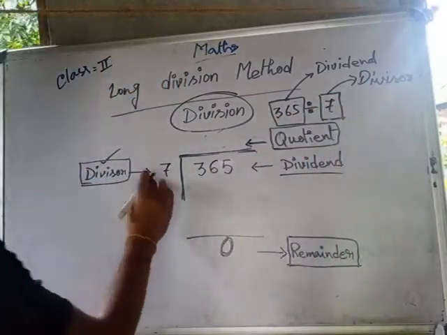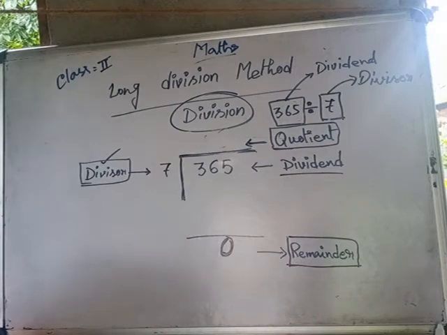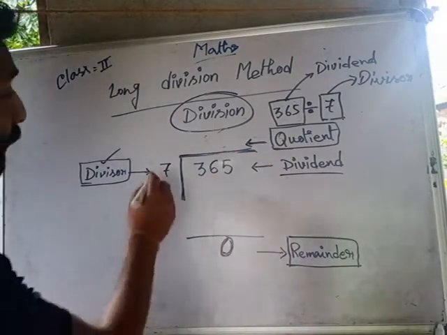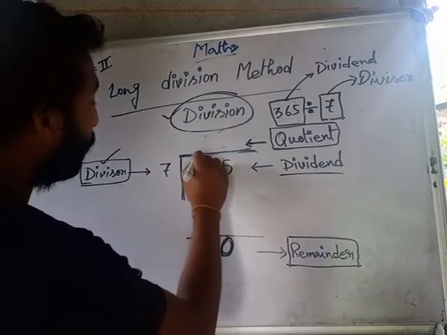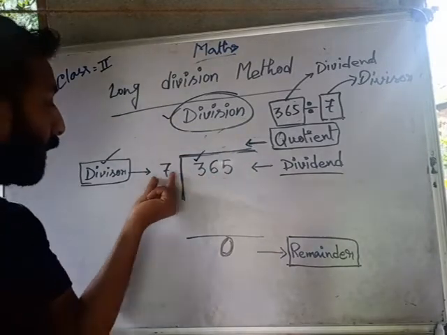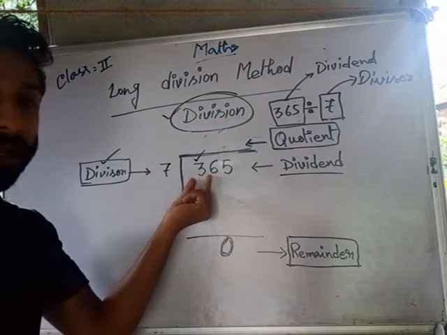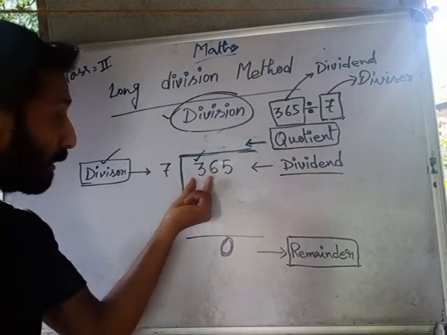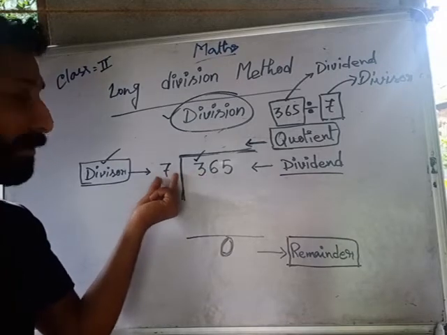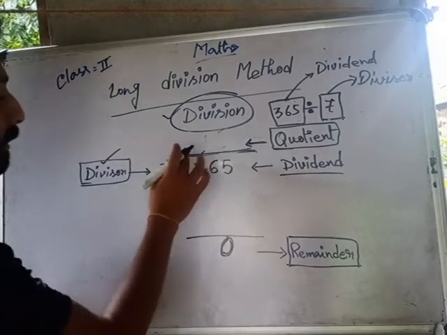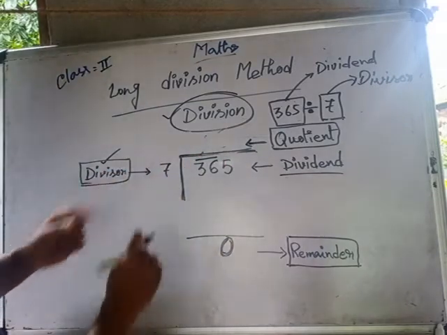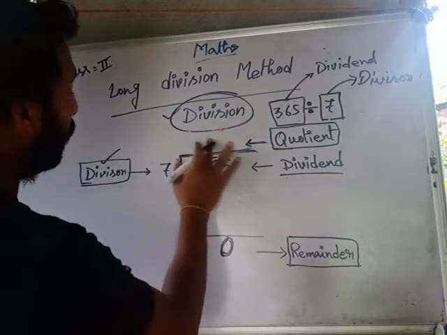At first count the table of 7. When it is division time, you will start from your extreme left. I will take at first one digit. If one digit is less than the divisor, 3 is less than the divisor, then we should take 2 digits. Then we will count the table of 7.